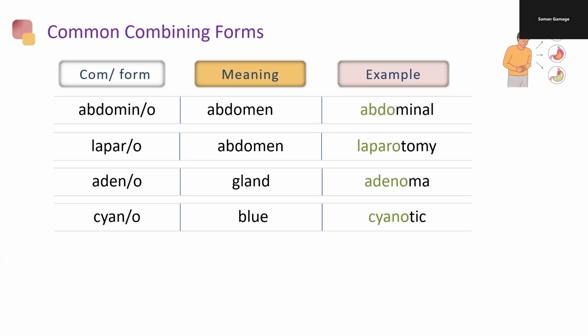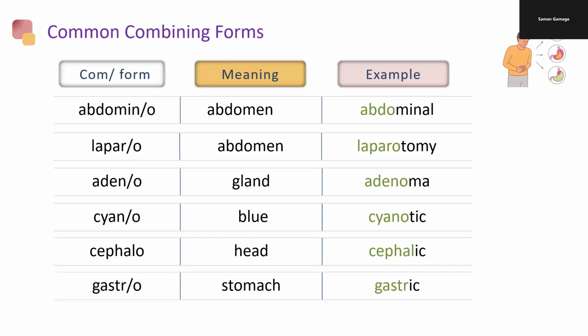Cyano is blue. Cyanotic means pertaining to bluish coloration. Cephalo means head. Cephalic means pertaining to head. Ic is the suffix meaning pertaining to. Gastro is stomach. Gastric is pertaining to stomach.